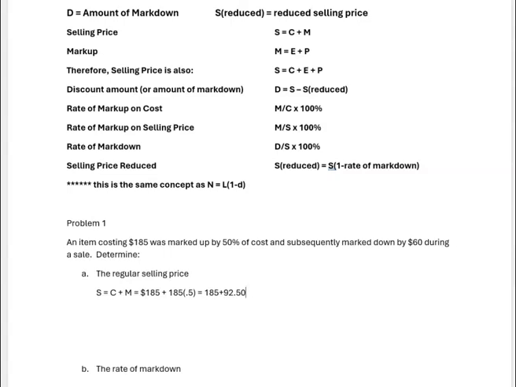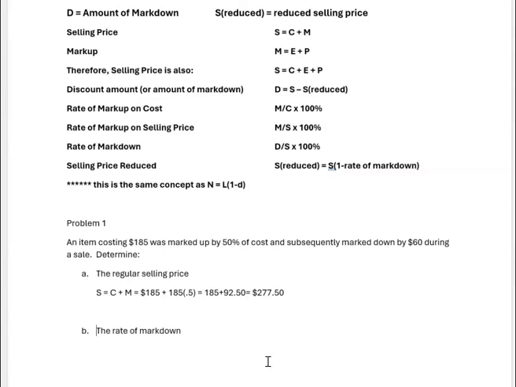So we've got 185 plus 92.5, and that equals, we'll put it in the calculator, 277.50. So that is the regular selling price.